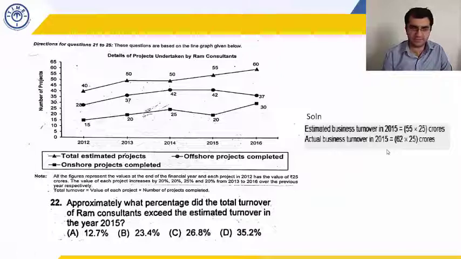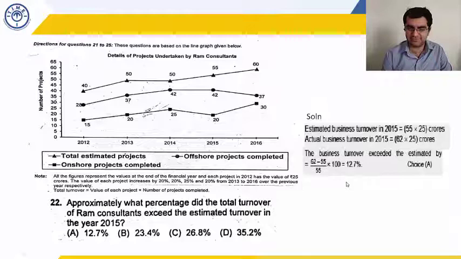In 2015, actually this is not correct. It should not be 55 into 25 because the value of the project is changing every year. That's why I'm clearly mentioning that this is a mistake.